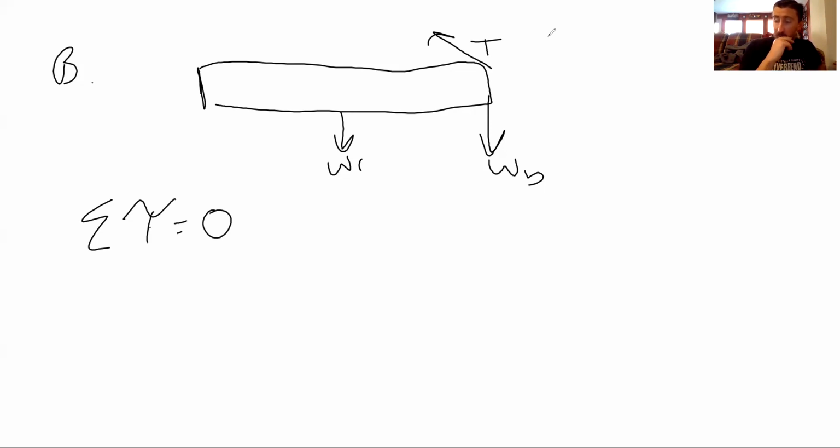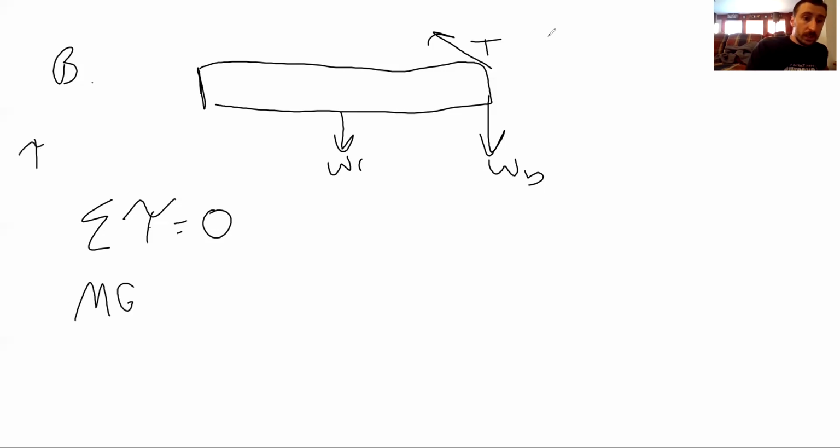Okay, so I know summation of the torques must equal 0 because we're in rotational equilibrium. So when I go ahead and do this, let's add up the torques here. So we know that the rod, what's the length of the rod? 0.6. Well, let's just do it in variables for right now. So let's take into account the mass of the rod. So I got mass of the rod times g.